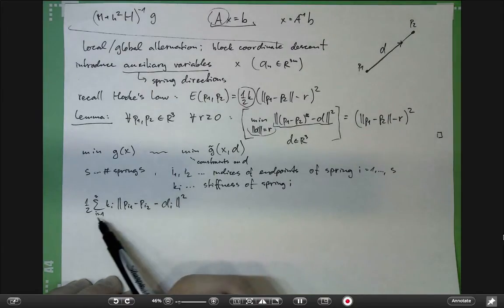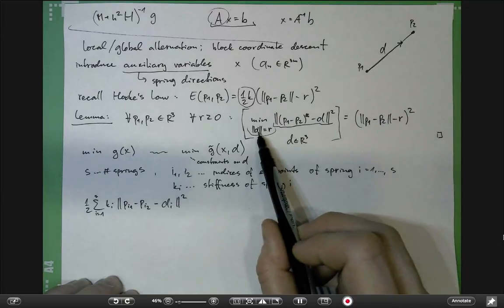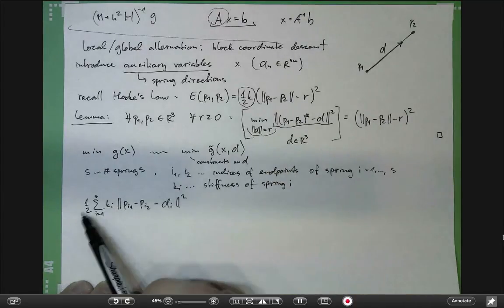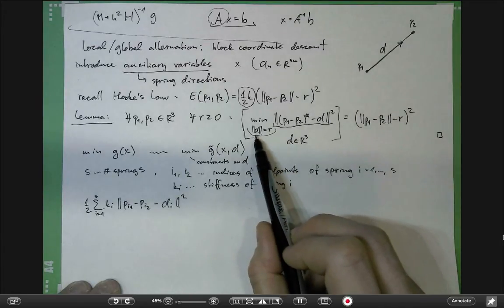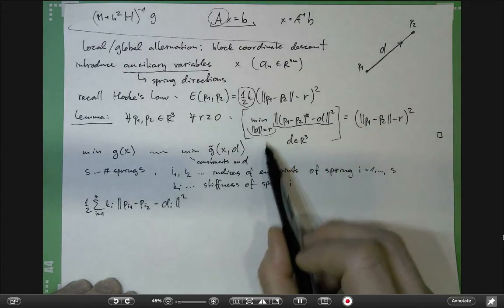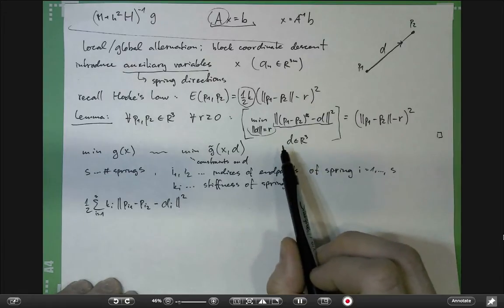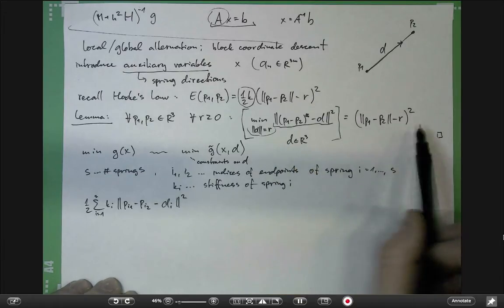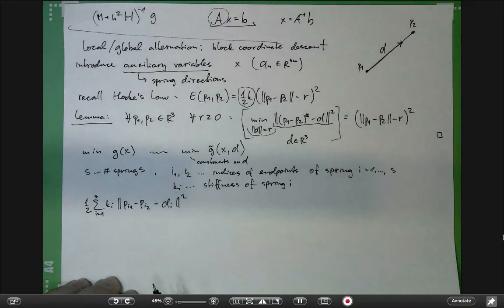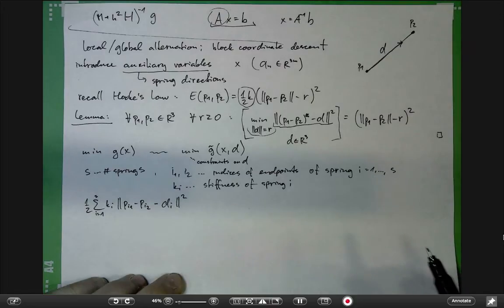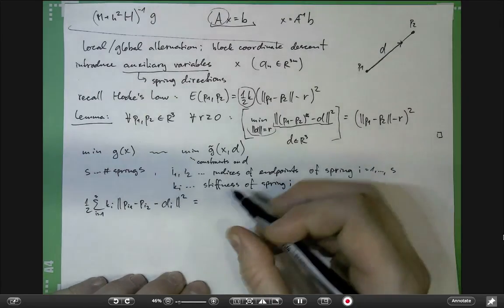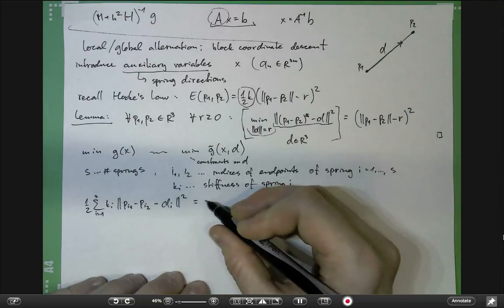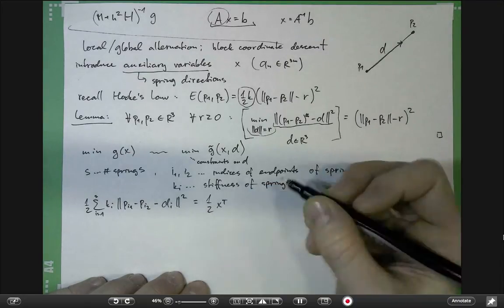So this is my new potential, which uses these auxiliary variables D. So if I minimize this subject to the constraints that the norm of every Di is equal to Ri, where Ri is the rest length of spring number i, then this is equivalent to the original Hooke's potential of all the springs. Now this can be written very elegantly using matrix form, and it looks like this.